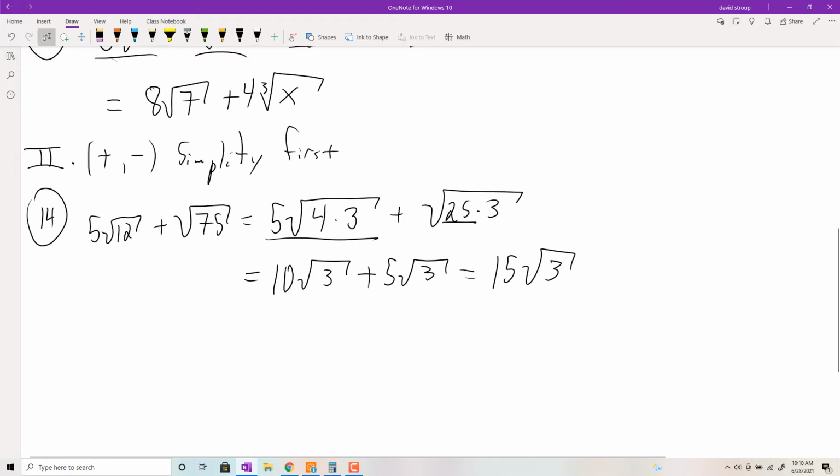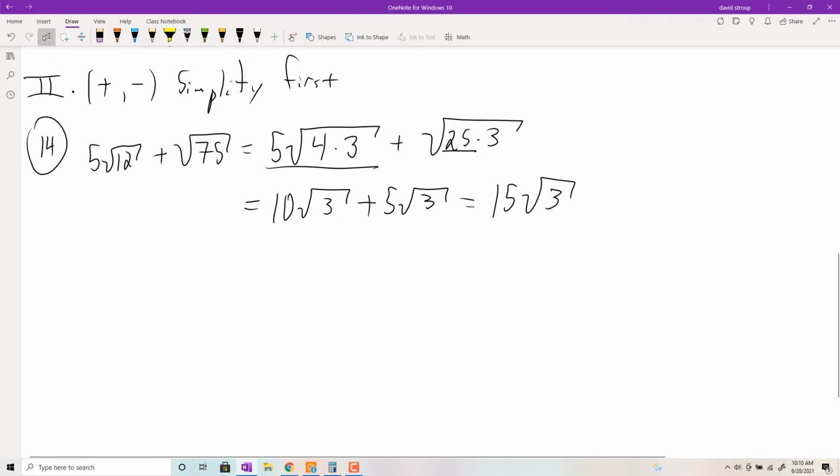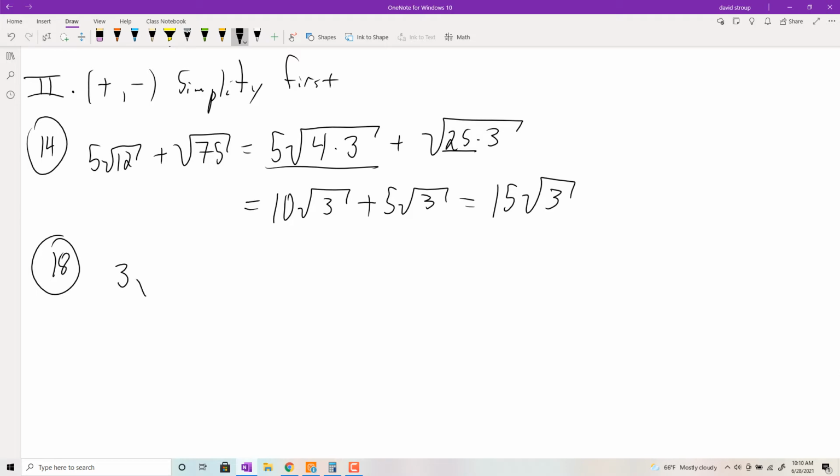Okay? So hopefully you see the game that's going to be played in this section. Let's look at 3 more examples. 3 cube root of 24 plus the cube root of 81. So now I'm looking for cube roots. 24 is the same as 8 times 3, so I could pull out the cube root of 8, which is 2, plus the cube root of 81.